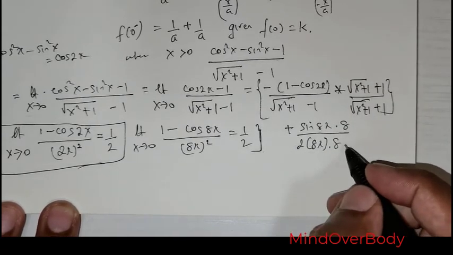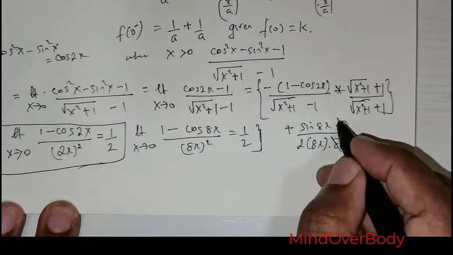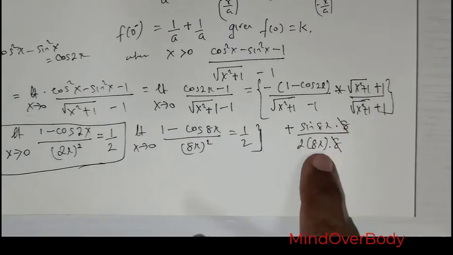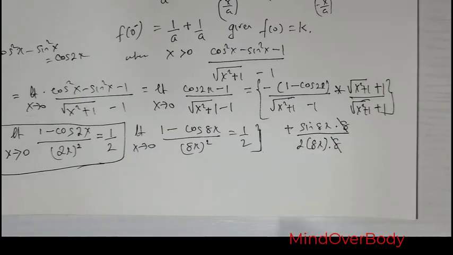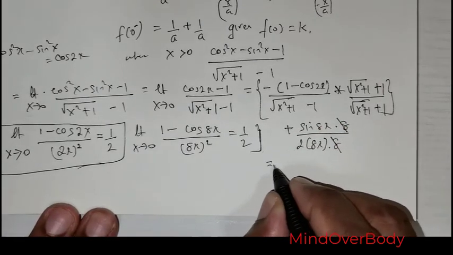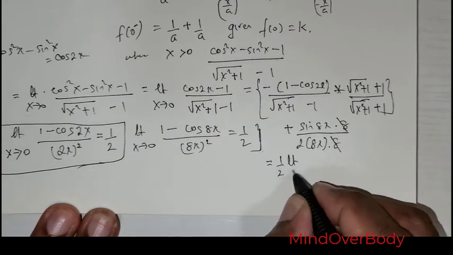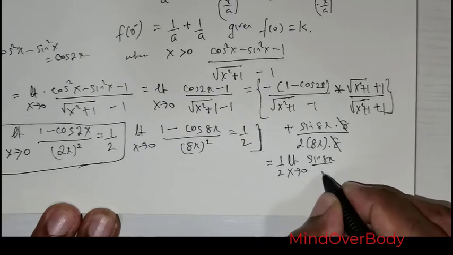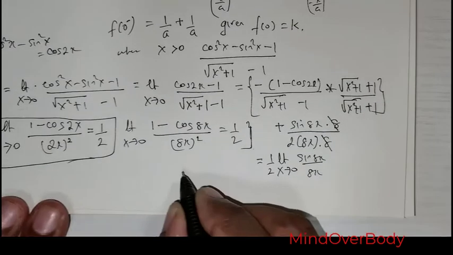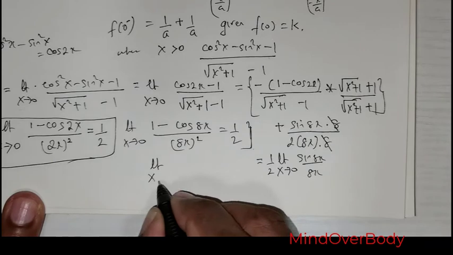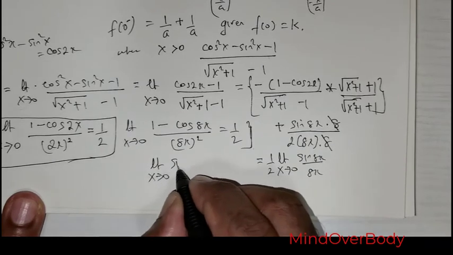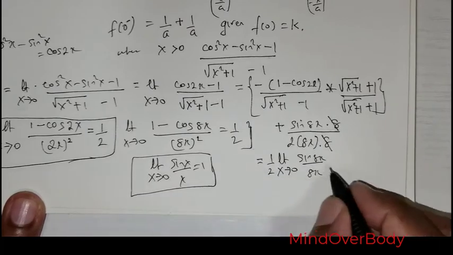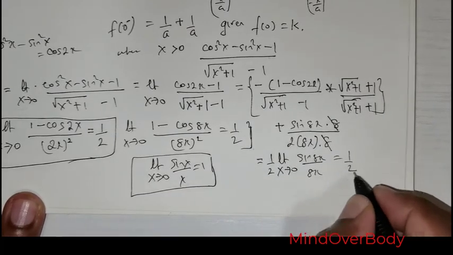So you can cancel this 8 and this 8. Now you have sine 8x divided by 8x. Now suppose you are going to be applying a limit. This is going to be limit x tending to 0 of sine 8x divided by 8x. But there is a result which says that limit x tending to 0 of sine x divided by x is equal to 1. So if you apply this limit, this is going to give me equal to 1 over 2.